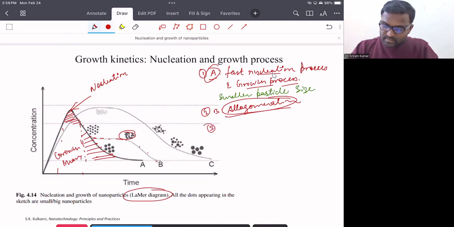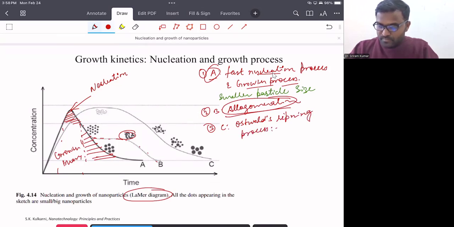So the third case is C, for the Ostwald ripening process. The third is the Ostwald ripening process. In the Ostwald ripening process, what is happening there?